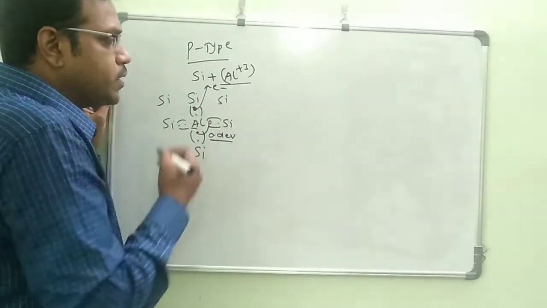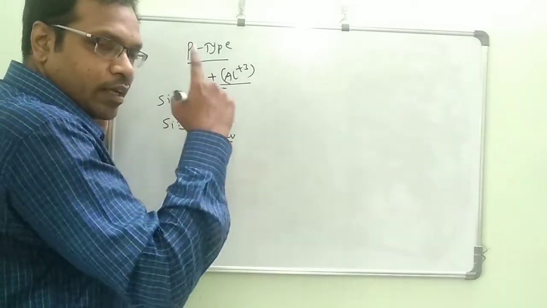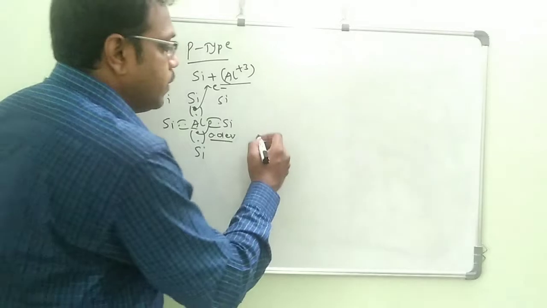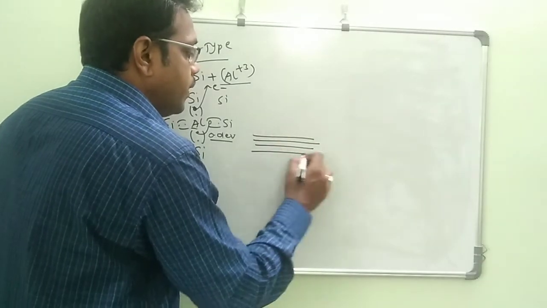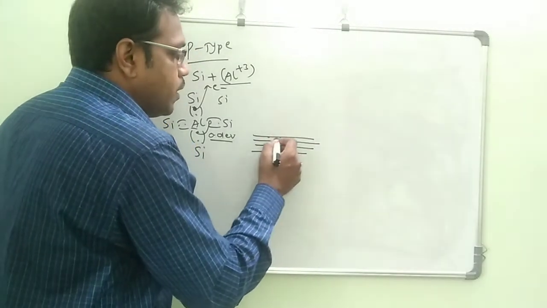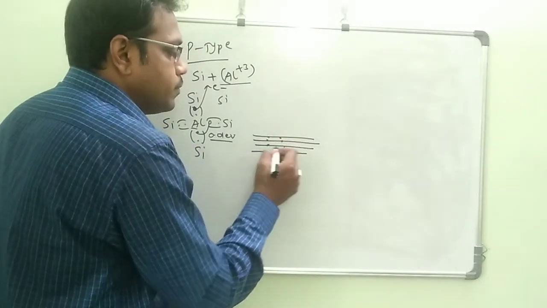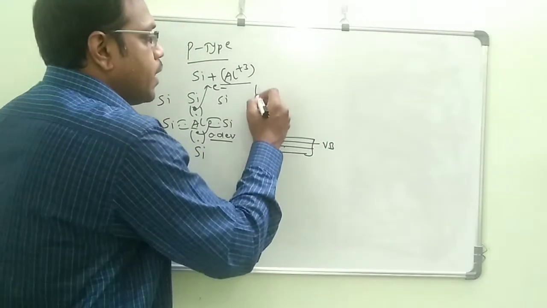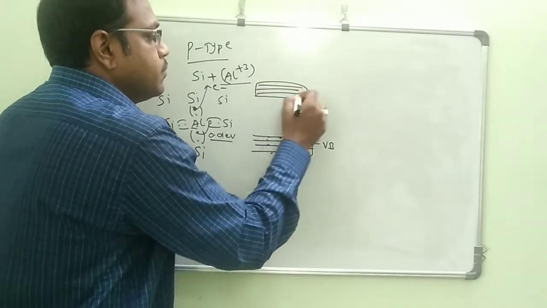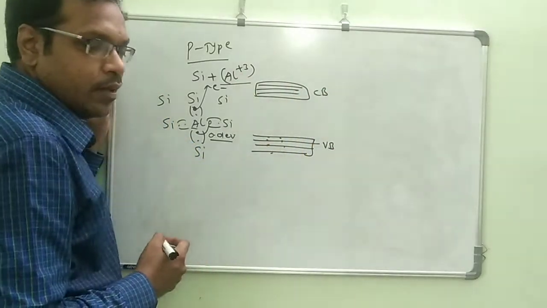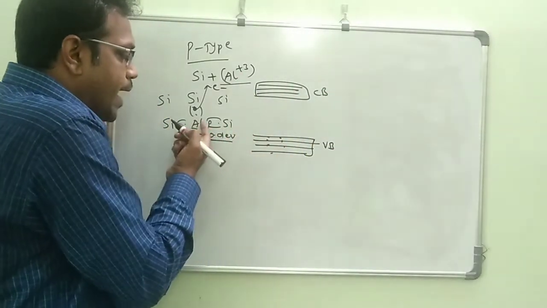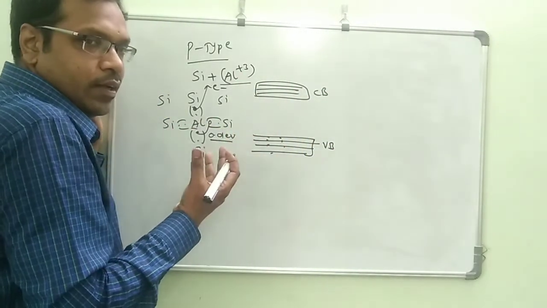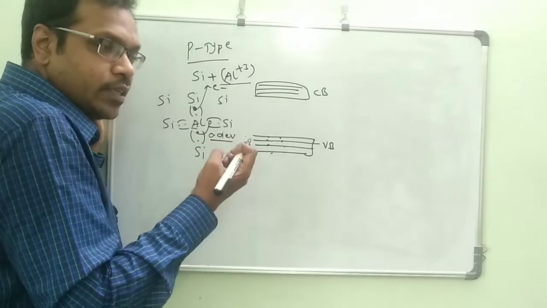If you draw the energy level diagram, like for semiconductor, insulator, all these things, this is the valence band and this is the conduction band, and we can see the acceptor energy level, which needs electrons.